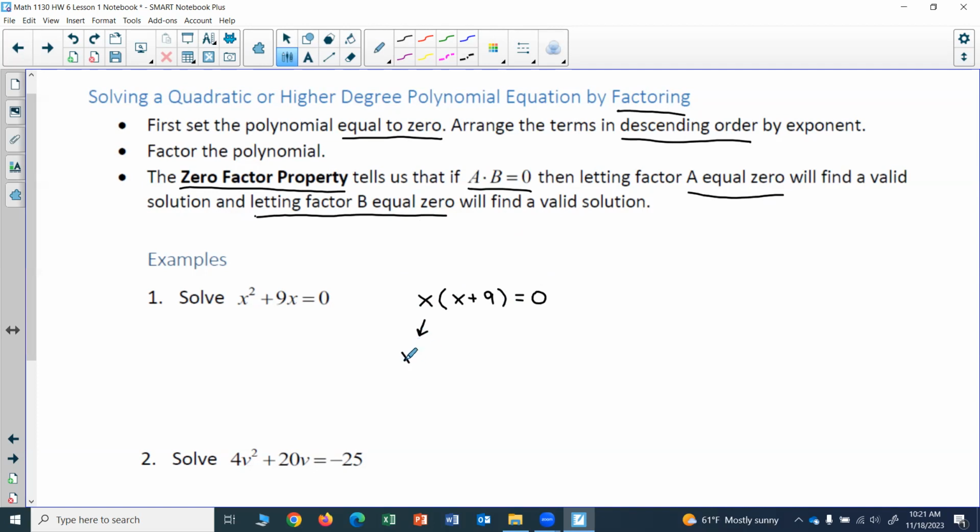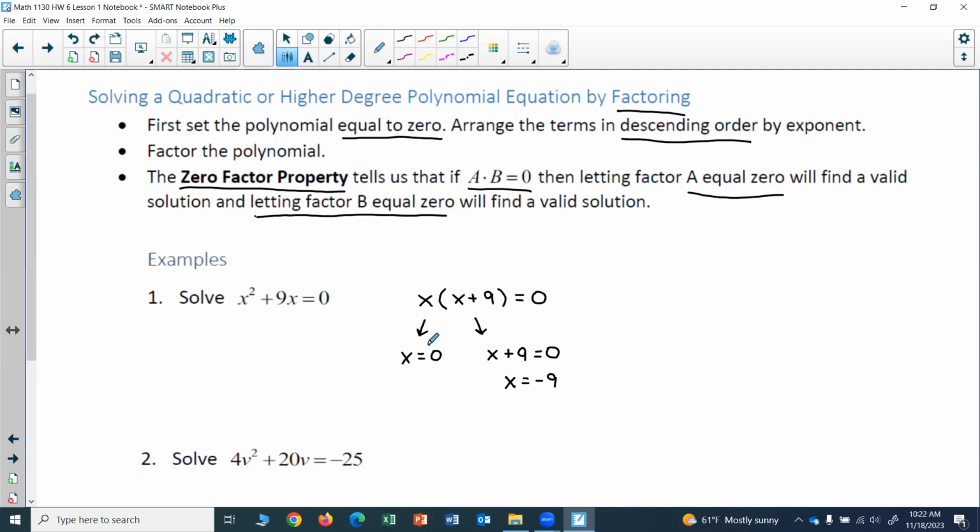So I would get x equals 0. And the x plus 9 is like my factor b. So I would get x plus 9 equals 0. Notice I still haven't solved for the x in this second equation, the x plus 9 equals 0. So I have to go ahead now and solve for x: subtract 9 from both sides, and I get x equal to -9.